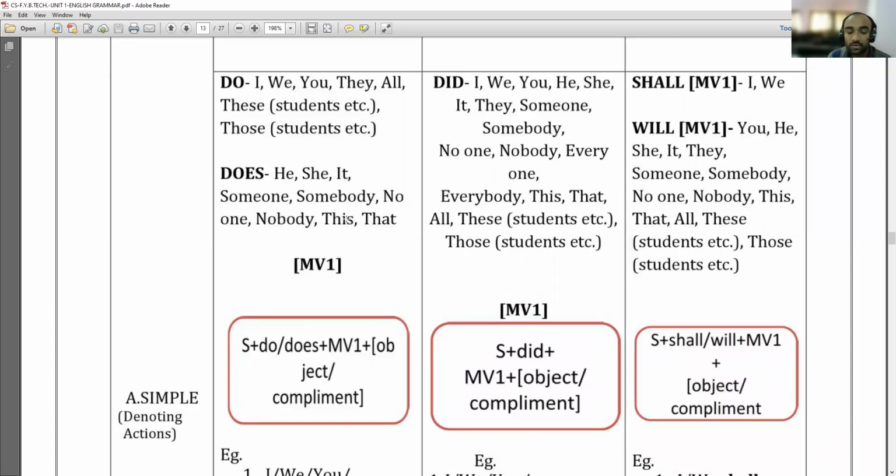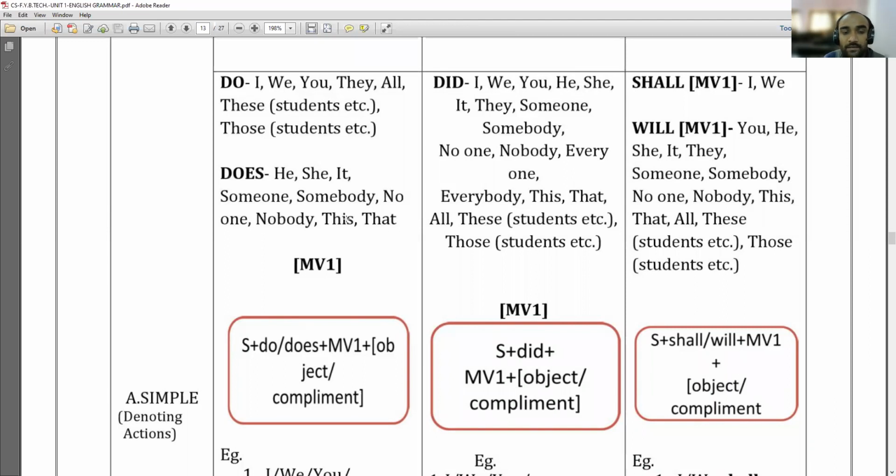This is the sentence structure. ओके. पहिल्यांदा सब्जेक्ट येतो, त्यानंतर येतं डू किंवा डज. जर तो सब्जेक्ट प्ल्युरल असेल, आय वी यू दे असा असेल, दीज दोज असा असेल, तर आपण वापरतो डू. ओके.